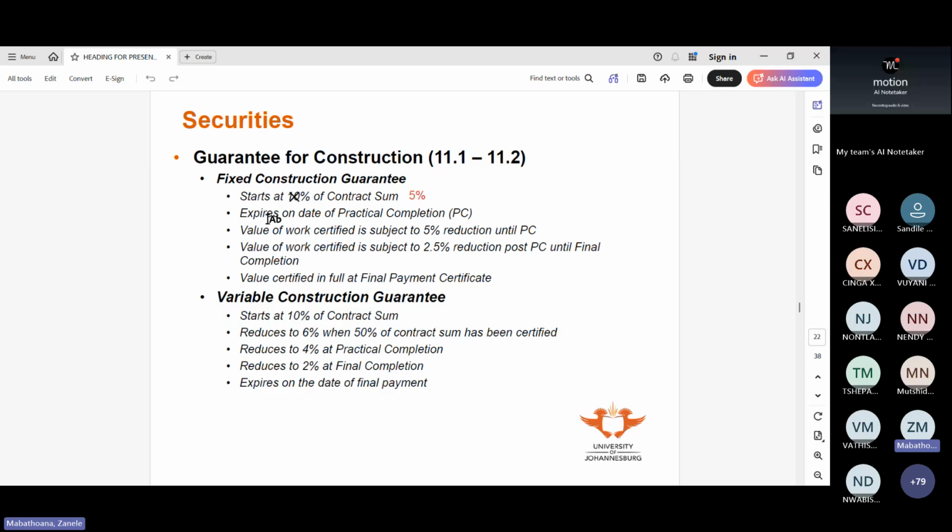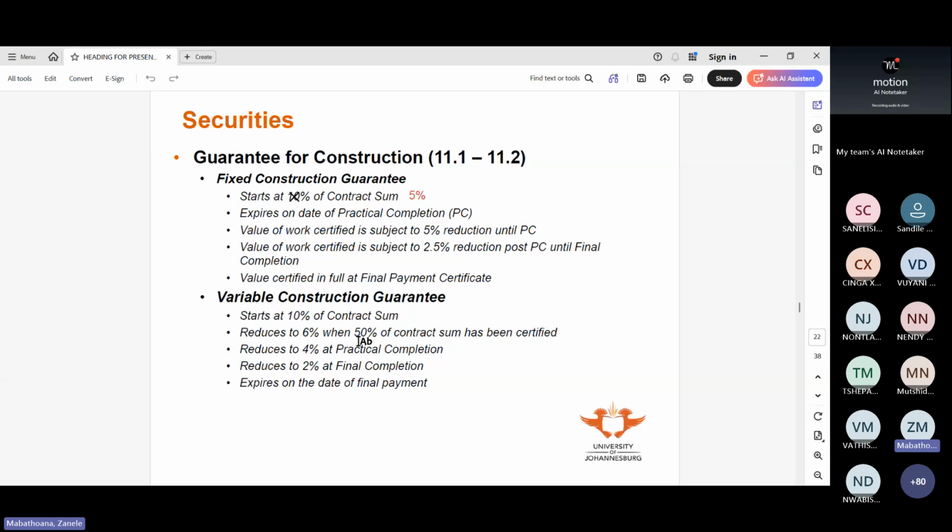Okay, and then if it's a variable construction guarantee, at the beginning of the project he gives us 10% of the contract sum, which is what we've contracted on. Then when he reaches 50% of contract sum, so when we are certifying half of the contract sum, I made the example of a 10 million contract.